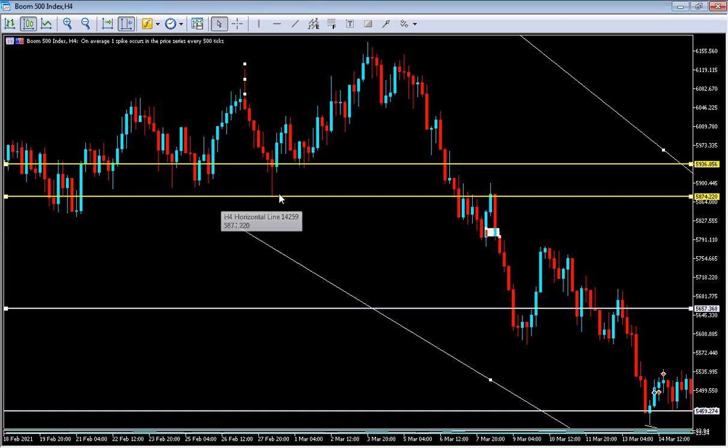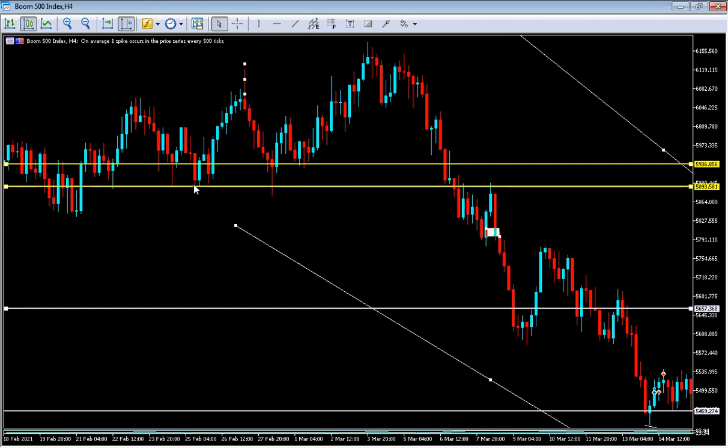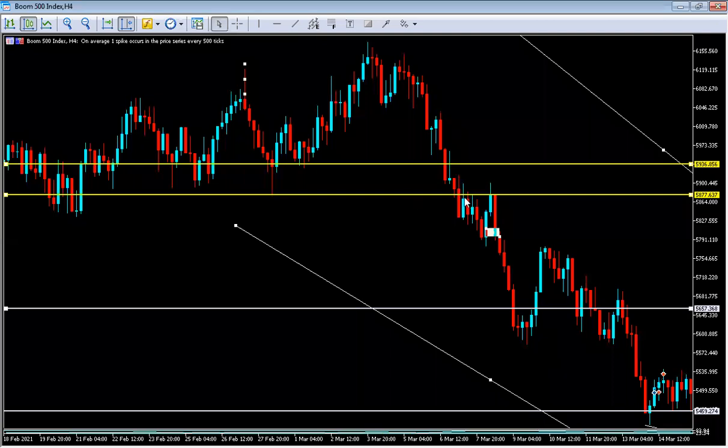A lot of people are going to take this area as nothing, because only this wick is here, and this is where a lot of people are going to plot their support and resistance, ignoring this little thing. But you get to find out that in the nearest future, this little thing here was respected. You see, it was respected.